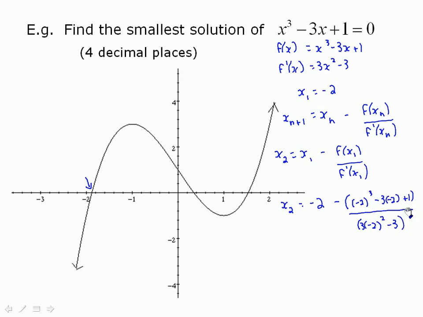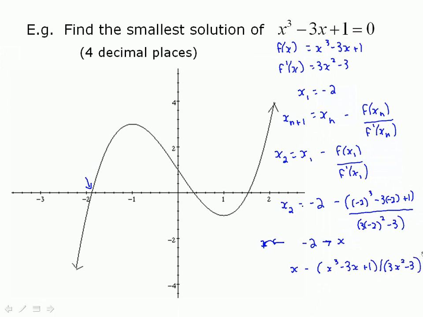Now this is starting to look like a fair bit of work. So that's why I want to do it on my calculator. So I will store negative 2 into x. Please pause me and work this one out. Negative 2 stores into x, and then I just carefully enter x minus, open bracket, x cubed minus 3x plus 1, close that bracket, divided by, open bracket, 3x squared minus 3.